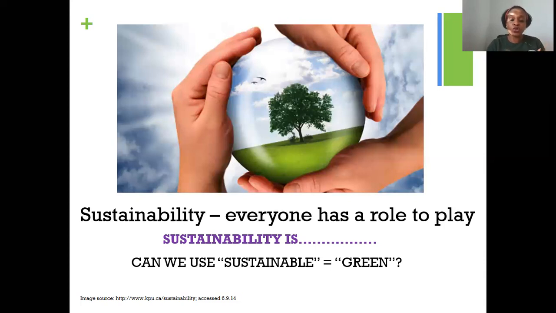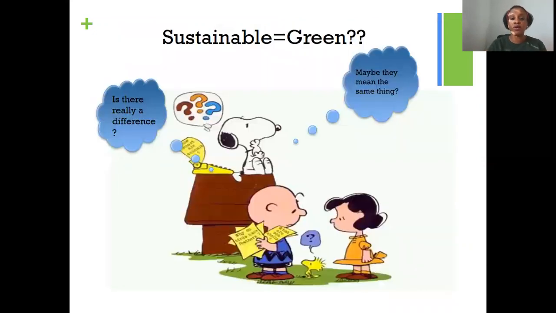We will seek to unwrap what sustainability is, and then look at whether sustainability is the same thing as green, so that we can meet our earlier determined learning goal number 1, to understand what sustainability is and what sustainability is not. So let's get started on that process of thinking: is sustainable the same thing as green?